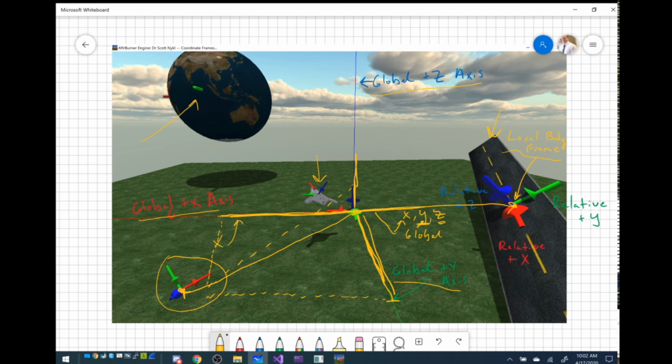Okay? Because remember, a vector intrinsically has no position. It is only a direction and a magnitude. But if we define that direction to have a tail which always starts at the origin, then the direction is useful because its direction and magnitude will take us to the location of the object.